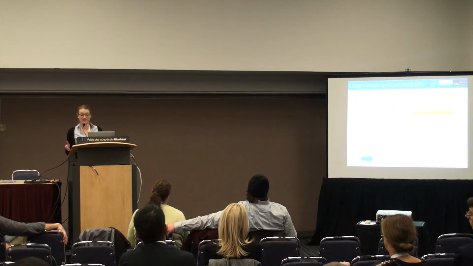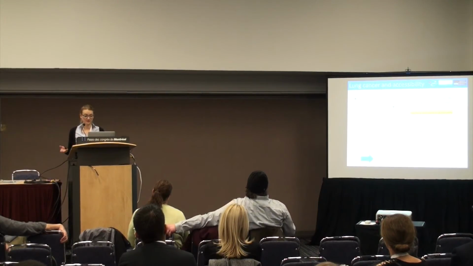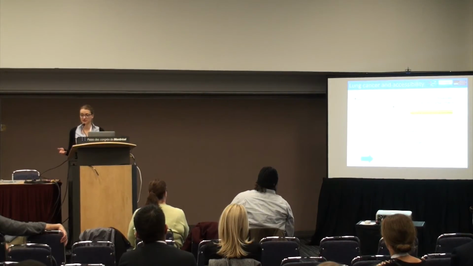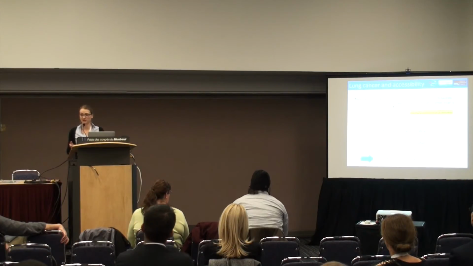This is the case for lung cancer, which means that people with lung cancer are less likely to access health information, so it's more difficult for them to recognize symptoms. That in turn contributes to delays to the diagnosis, which reduces the chances of survival. So as you can see, it's really important that we find ways that people with lung cancer can access the right information before the diagnosis.